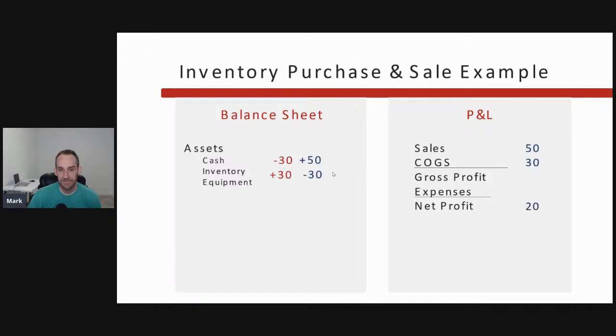Right there. Because simultaneously you recorded 50 of sales, 30 of cost of goods sold. So that is the missing 20 over here, the net profit. And that goes right here. And I'm realizing this might be confusing, but this is just kind of to help you see how it all fits together. There's two sides to every transaction.